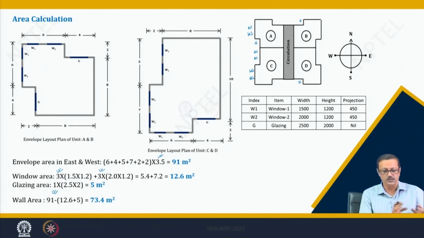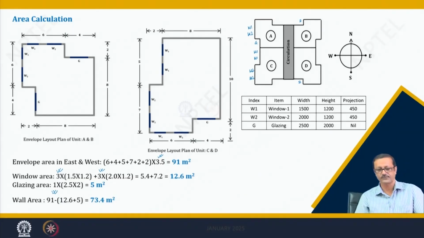I need those, specifically the fenestration areas, two different types of fenestration, because they have different materials and different projections. So, I have to segregate the fenestration into windows and glazing, and the wall area.